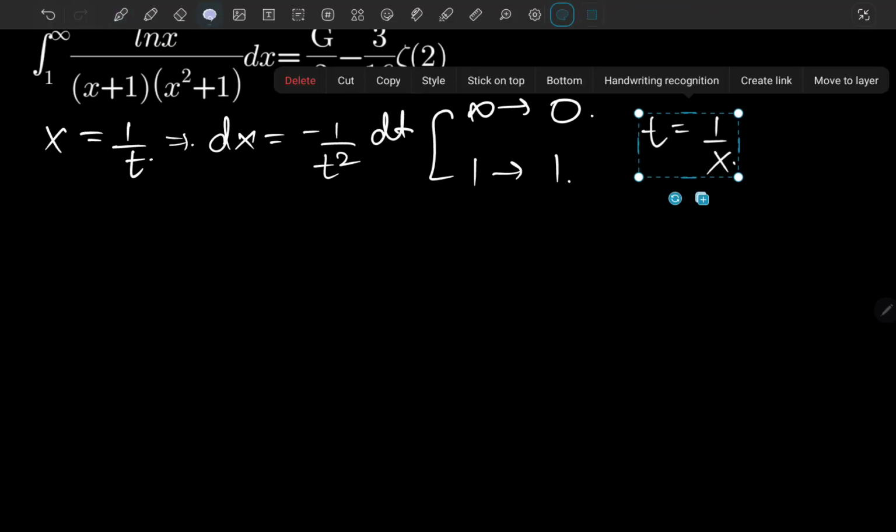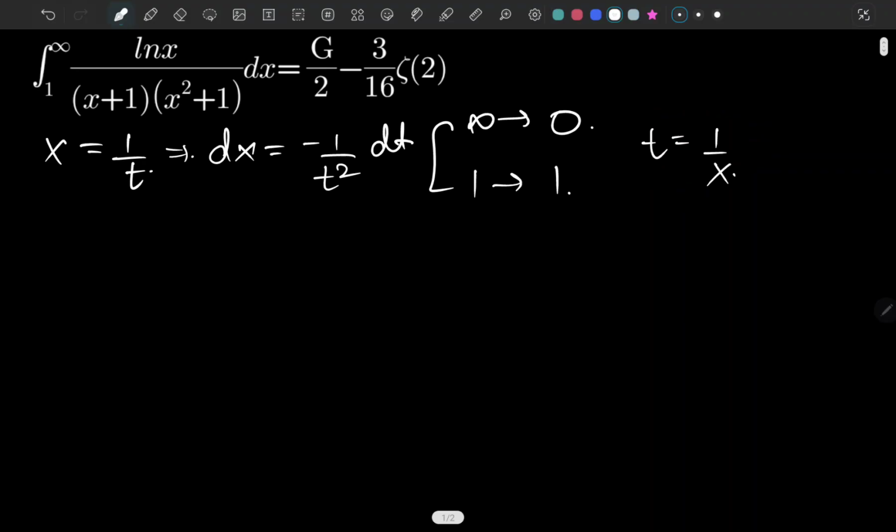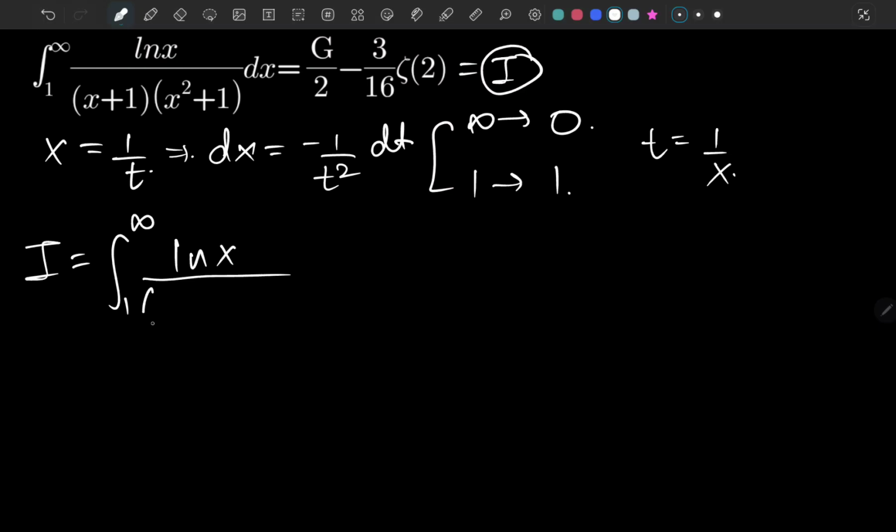Firstly, let me consider this as I. Then I is the integral from 1 to infinity of ln x over (x plus 1) times (x squared plus 1) dx.